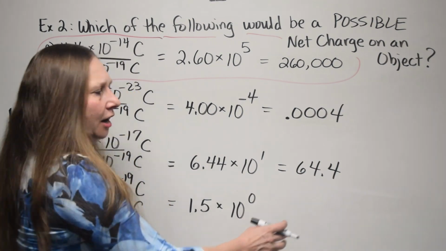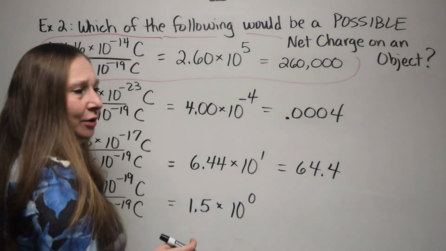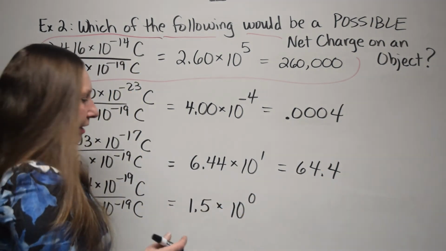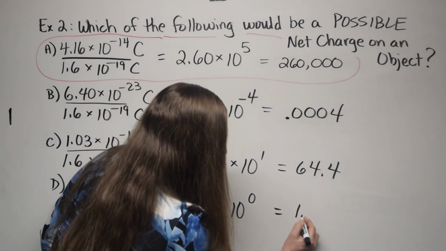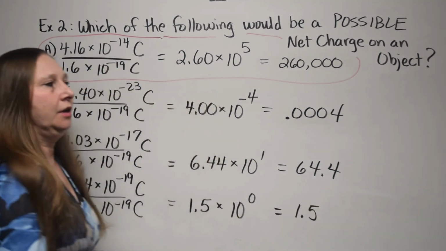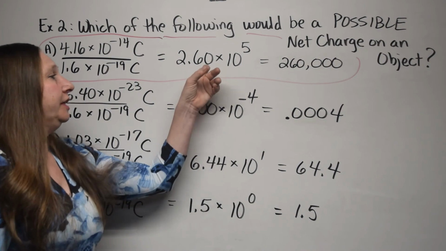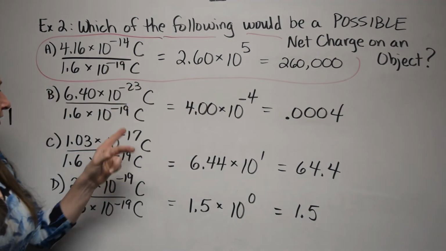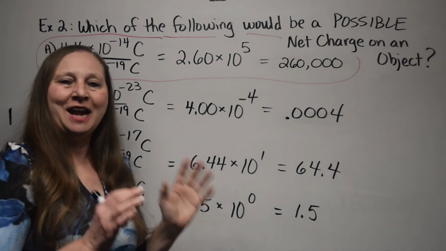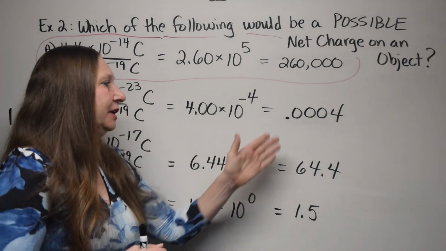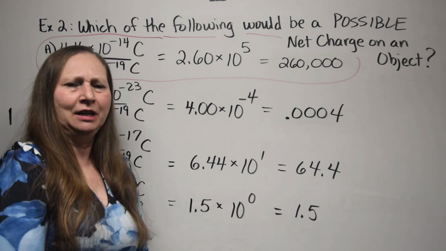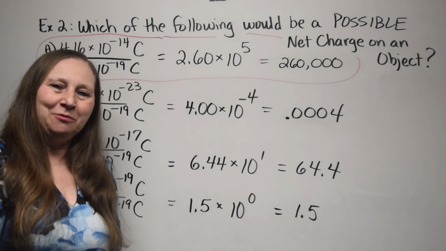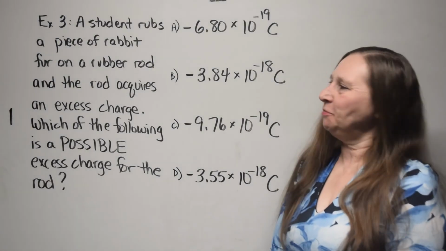Just shy of half an electron there on the 0.4. 1.5 times 10 to the 0 is just 1.5. So this net charge is possible. These 3 net charges are not possible because they give decimals or fractions of an electron or proton, which is not possible. All right, last problem.